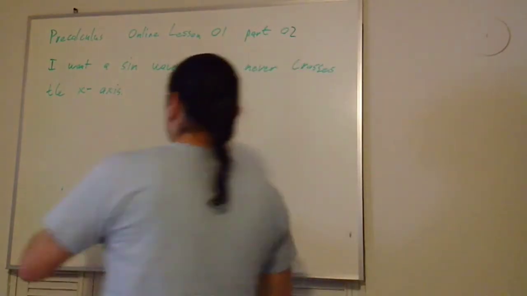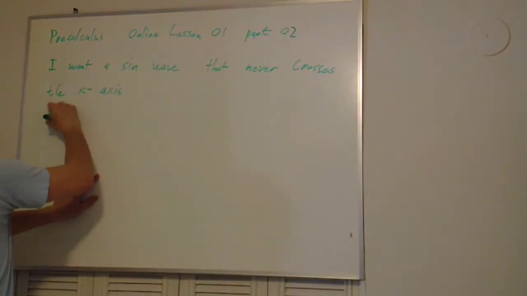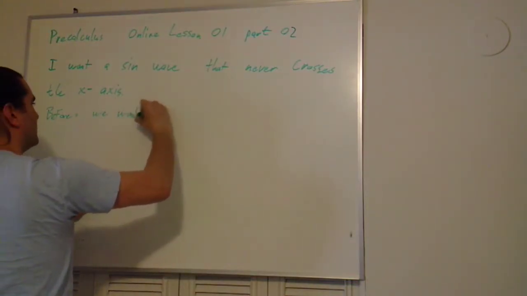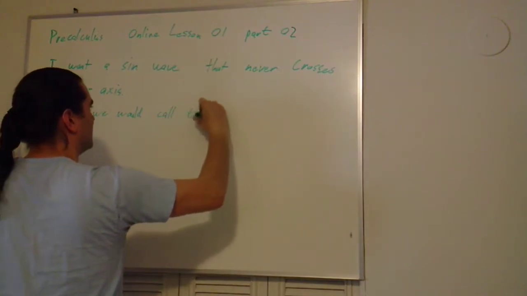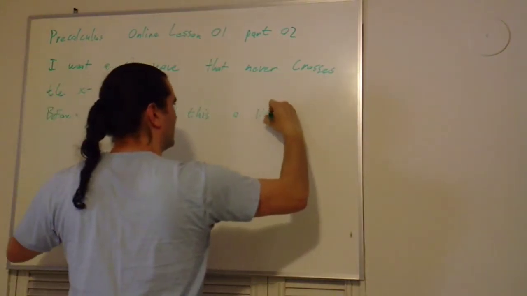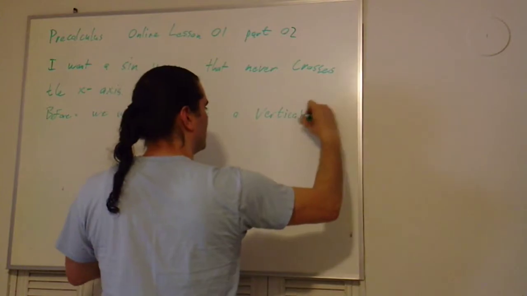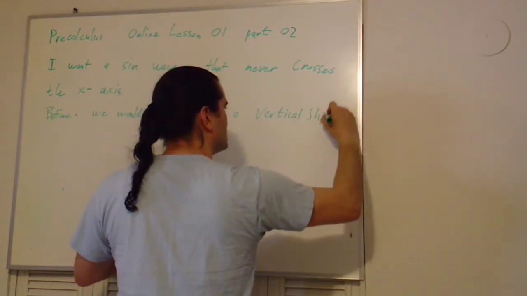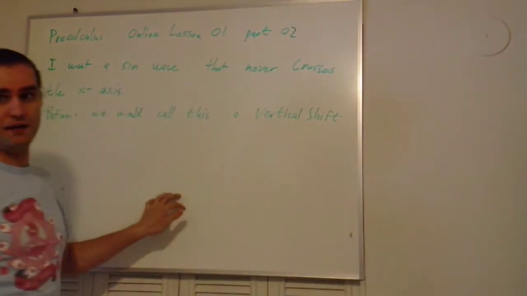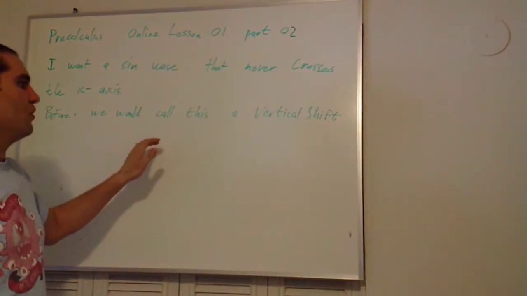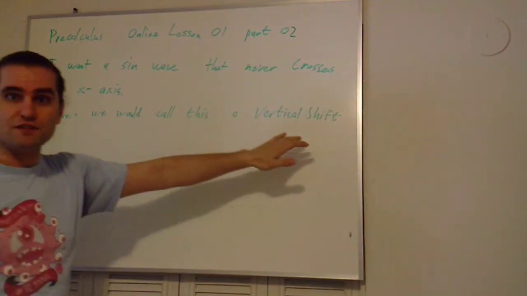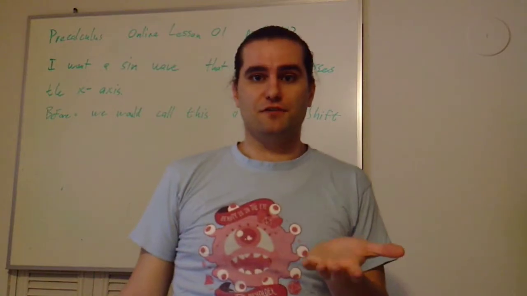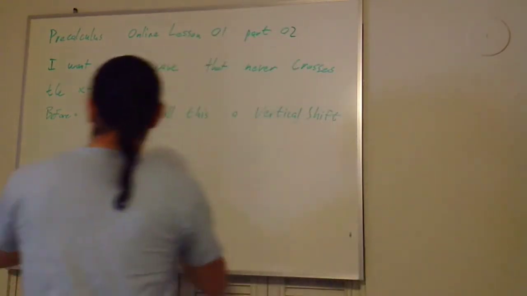And again, before we would call this a vertical shift. And again, we're going to be doing a vertical shift, and it's going to function exactly like all the other vertical shifts we've ever done, but we're going to give it a new name. The new name for this is a midline.